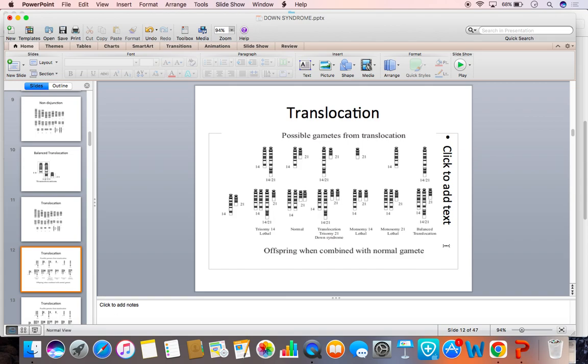Okay, this is the haploid number, right? Because the gamete is formed from the mother cell, that is 45 chromosomes. At the end of the meiotic cell division, one daughter cell will have 23 chromosomes, and the other daughter cell will have only 22 chromosomes.